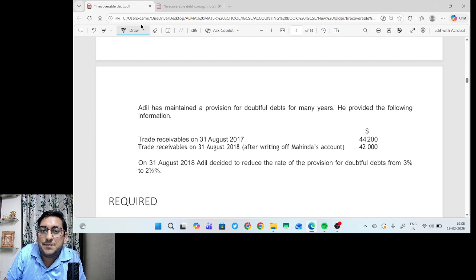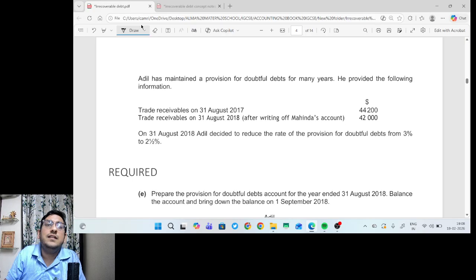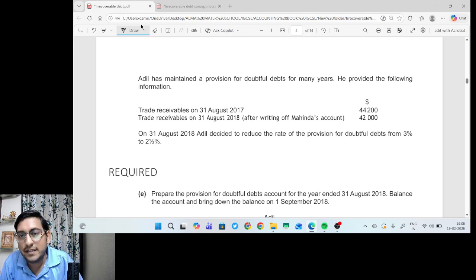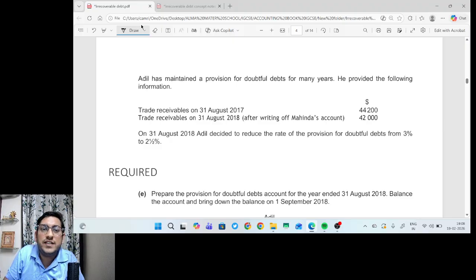Point number E. Adil has maintained a provision for doubtful debt for many years. That means they are making allowances for irrecoverable debt. Estimation is made every year. He provided the following information: trade receivable on 31st August 2017. Can I say it is 1st September 2017 opening balance of trade receivable?